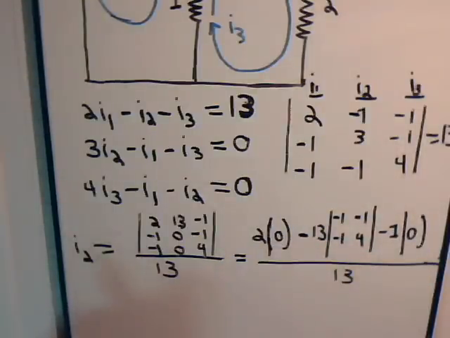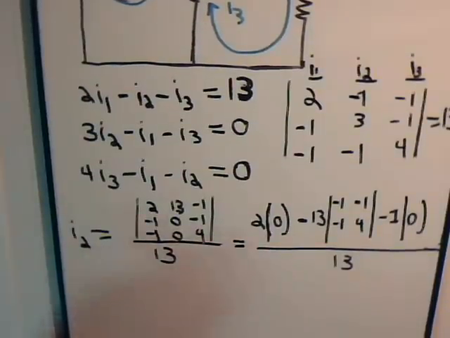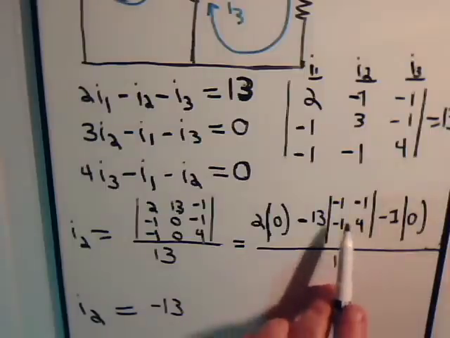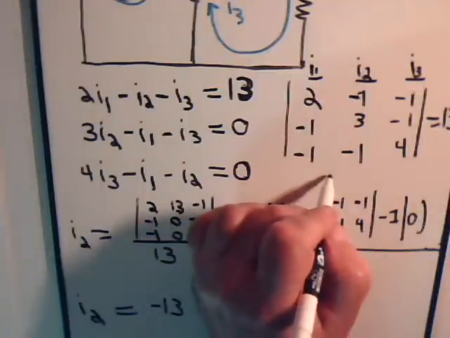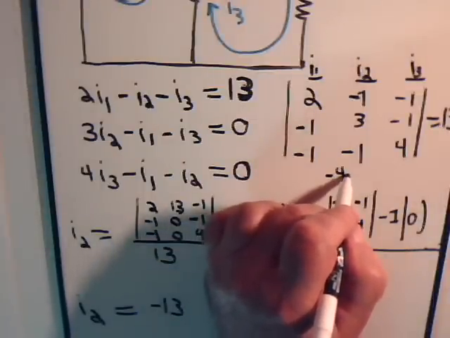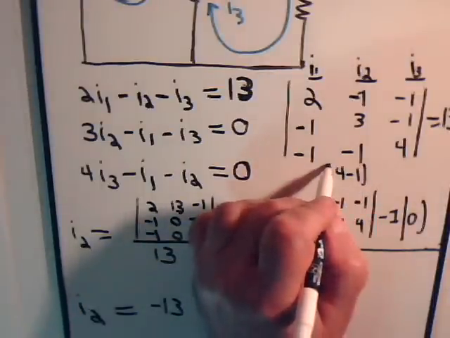So we have now that I2 is equal to minus 13 times, here we have negative 4 minus 1.